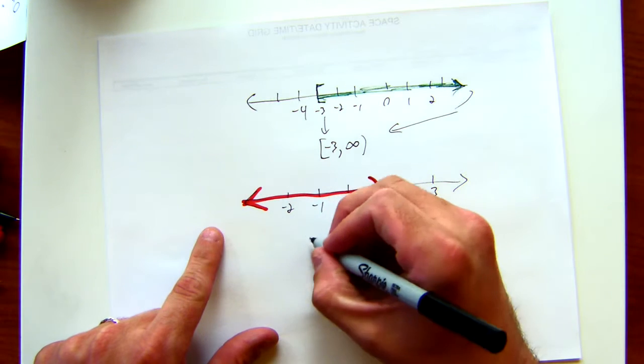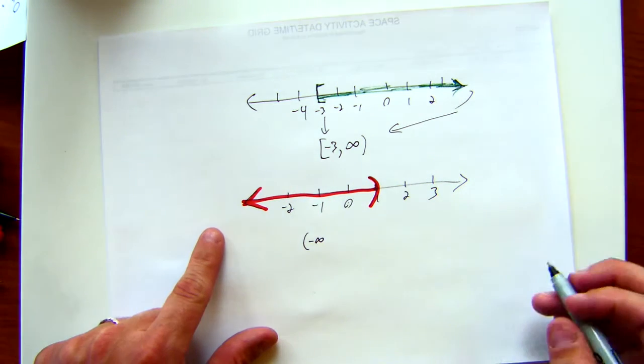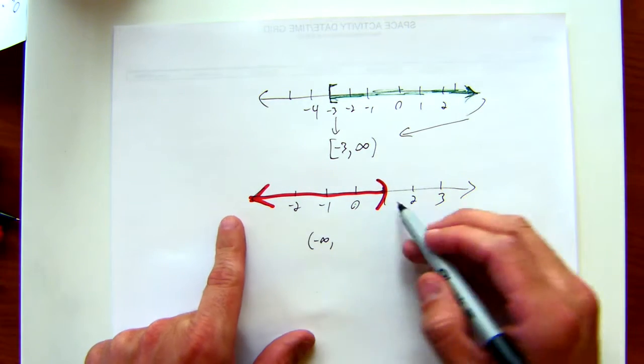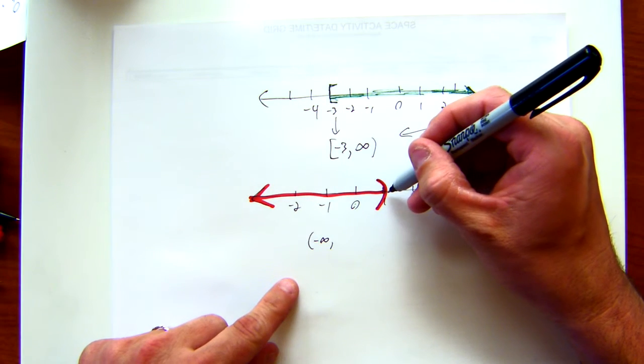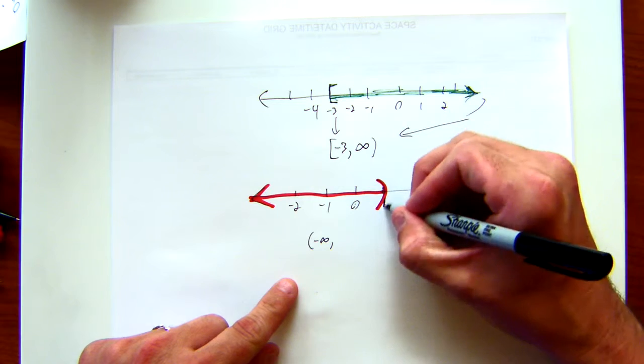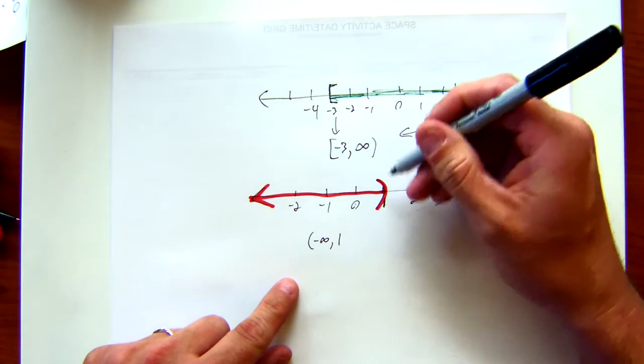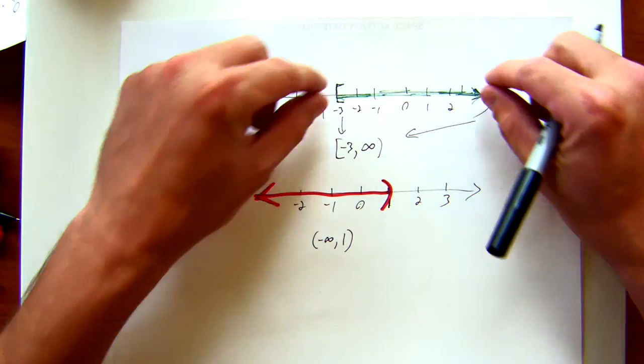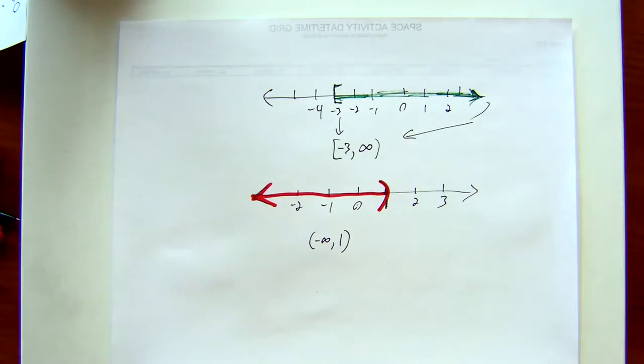Negative infinity. So now this is going to be negative infinity from the left endpoint, comma. When we go to the right endpoint, what is the right endpoint? 1. I sort of wrote over it, but it's a 1. And is this one open or closed? Open. Okay. So we can go from a graph to interval notation.